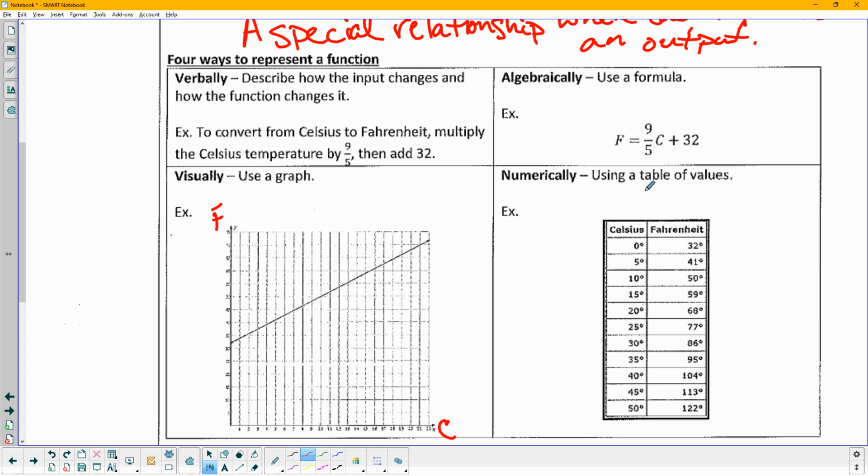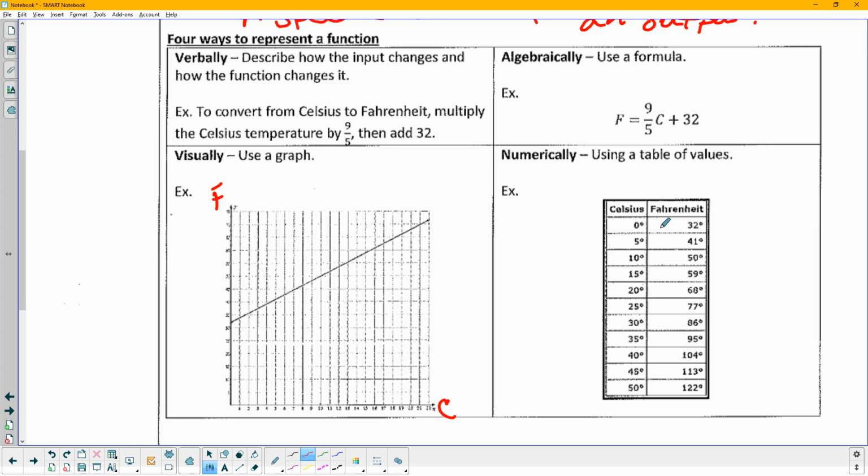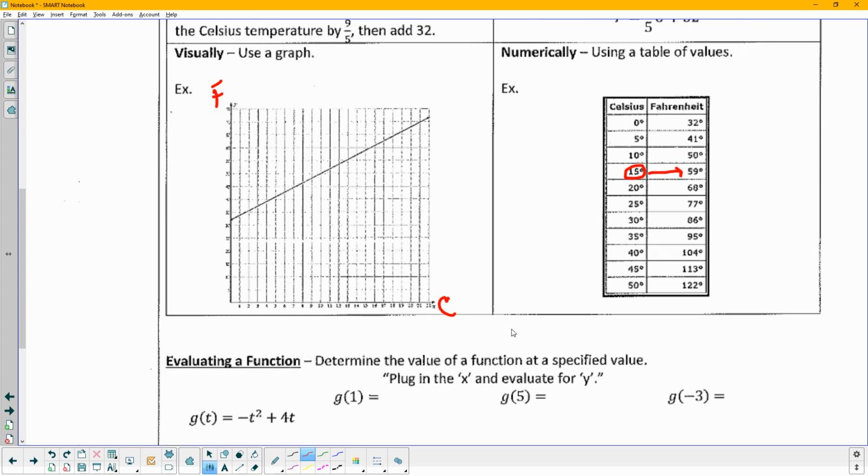Or you can use the table of values, and this is more of a case-by-case basis, more of an individualized account as to what happens. Included in this numerically is just that if you wanted to pick one, and I wanted to know what 15 degrees Celsius is in terms of Fahrenheit, that would be numerically looking at one individual one.